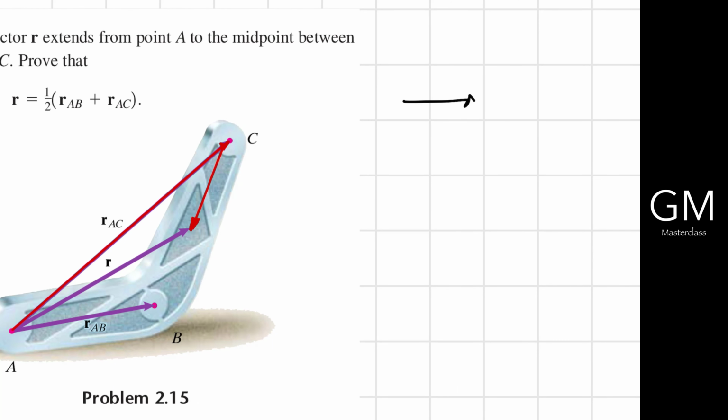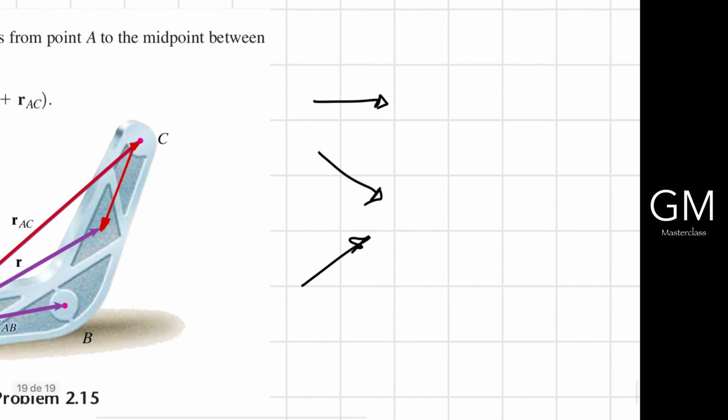When we want to create a summatory of vectors, for example these three, all we have to do, graphically speaking, is create a resultant vector. And the requirement that we have to meet is that the tail of the vector must be touching the head of the other vector.